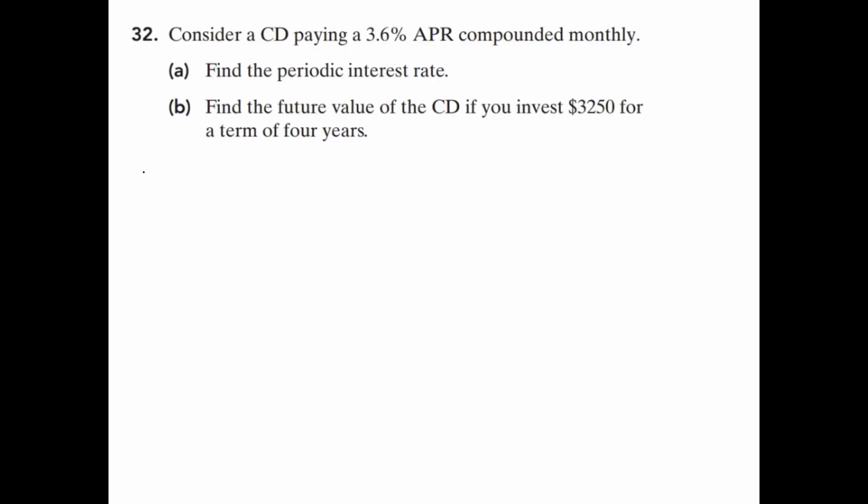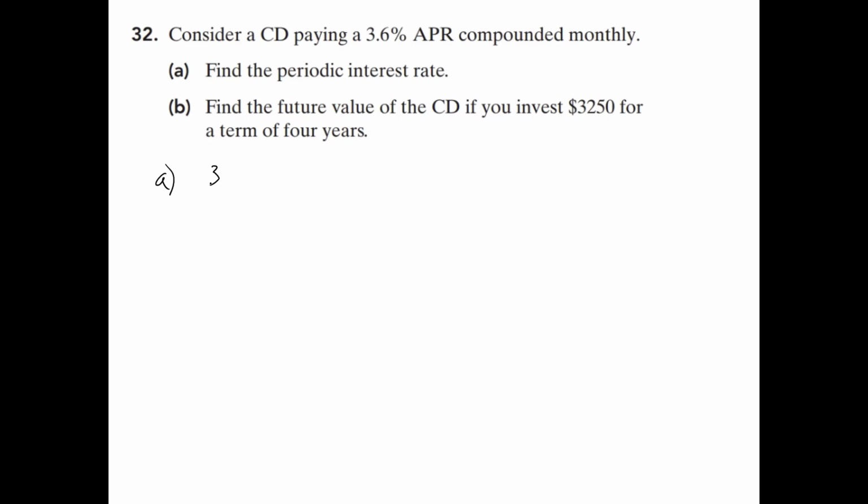So consider a CD paying 3.6% APR compounded monthly. Find the periodic interest rate, right? So in part A, you're being asked to find the periodic interest rate, which is what your rate is per compounding.